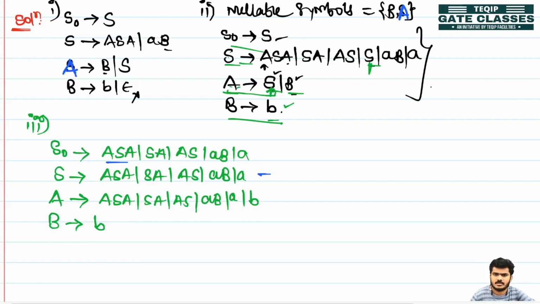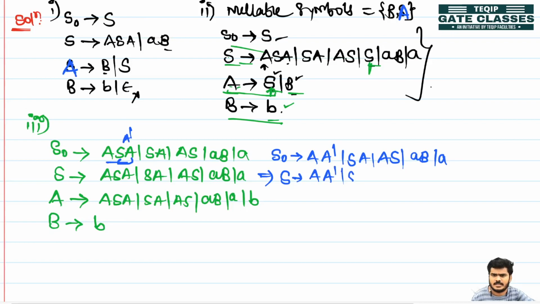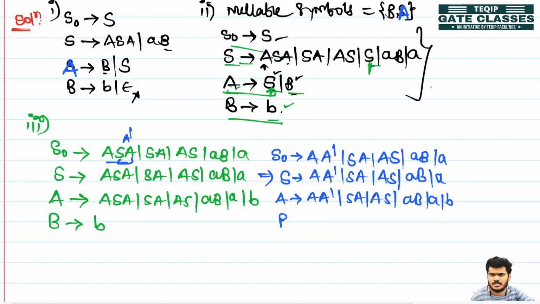So suppose I rewrite this production: instead of SA I will replace it with A dash, so A A dash, SA, AS, AB, and A. Next, S is producing, similarly for this also I will write A A dash, SA, AS, AB, and A. Again, A is producing ASA, so I will write A A dash, SA, AS, AB, small a, small b. And finally B is producing small b.